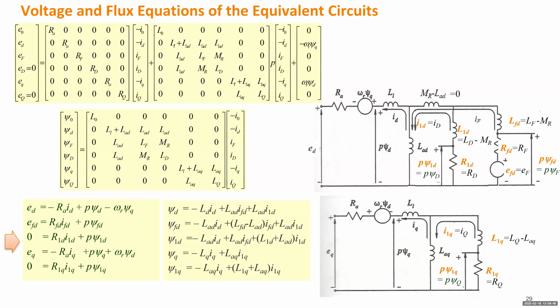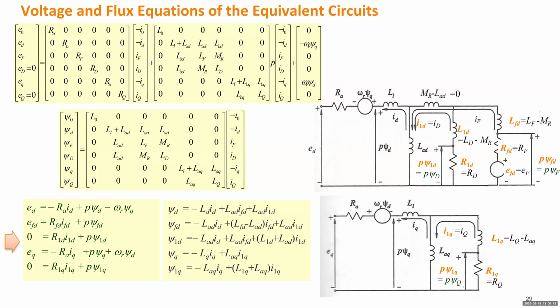We just change the namings of those inductances or resistances. For instance, in this equation, we ignore the zero sequence flux linkage and voltage because for most of the balanced conditions, psi 0 and E0 will be 0. So we only focus on the d-q voltage equation and the d-q flux linkage equation.